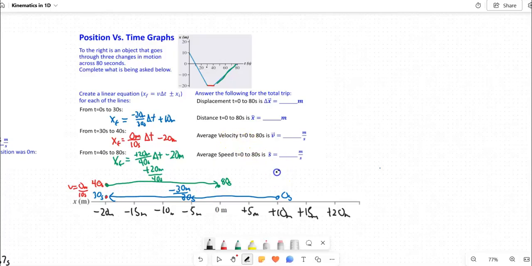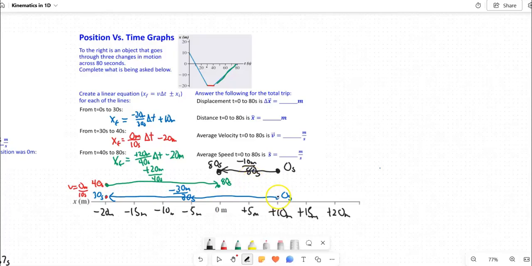Your starting position is positive 10 at the 0 second mark. And your end position for the entire trip is at 0. And that's at the 80 second mark. So your overall trip, you started here, you ended here, which is going to be negative 10 meters over that period of 80 seconds.